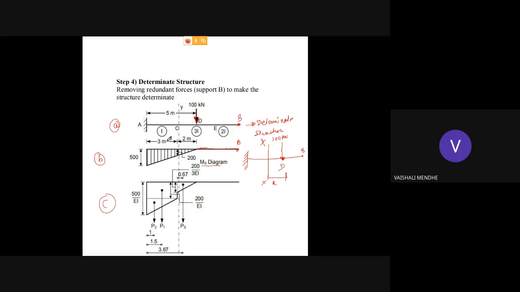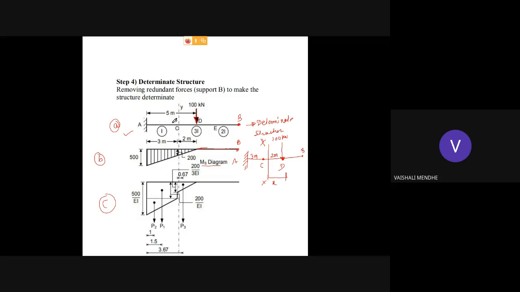So here you can see in the given figure, the distance from A to C is 3 meter. Okay, so somewhere at point C I will write 3 meter, and the 100 kilonewton load is 5 meter from A, so the remaining distance C to D is 2 meter.